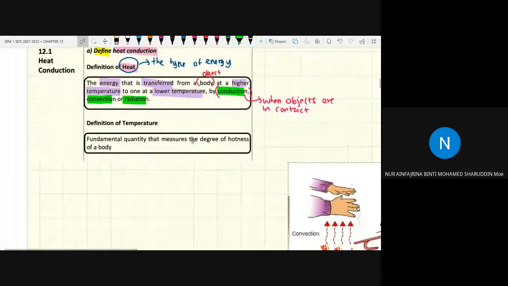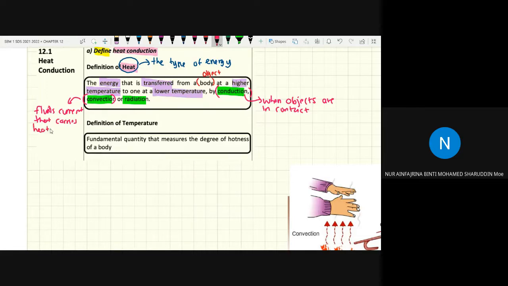Okay, so convection. Convection adalah fluid current. It is fluid current that carries heat from one place to another place.